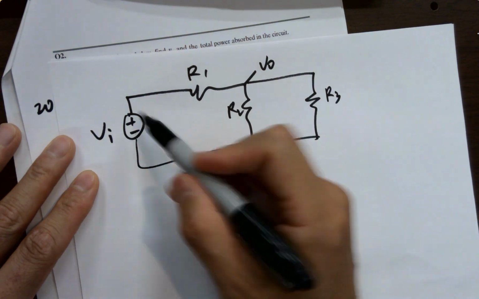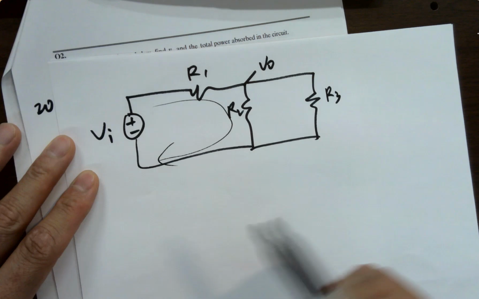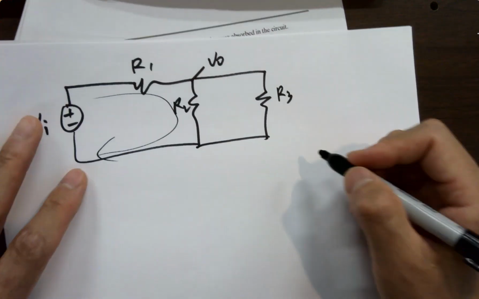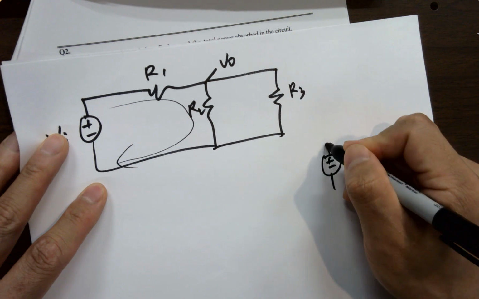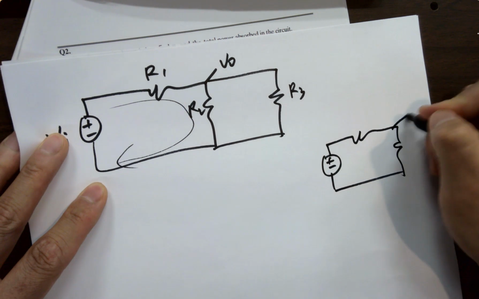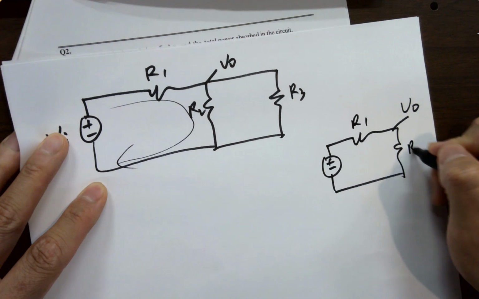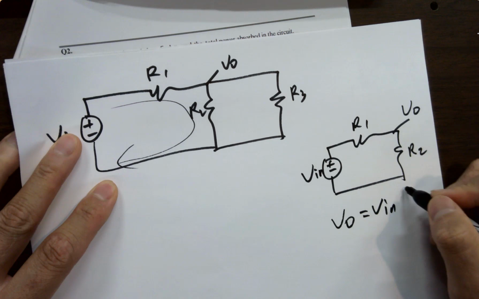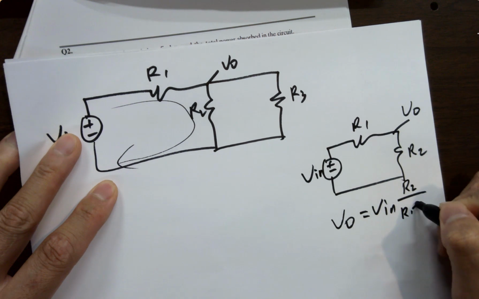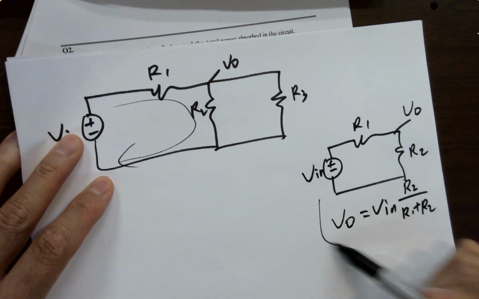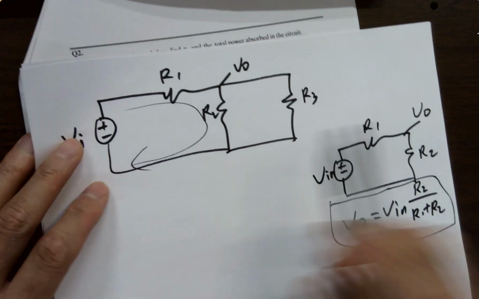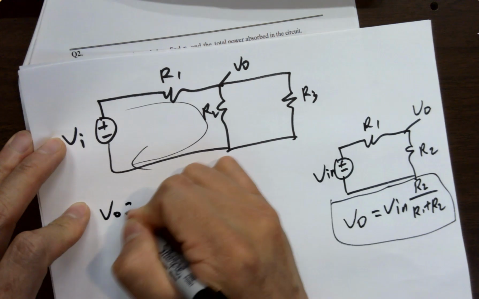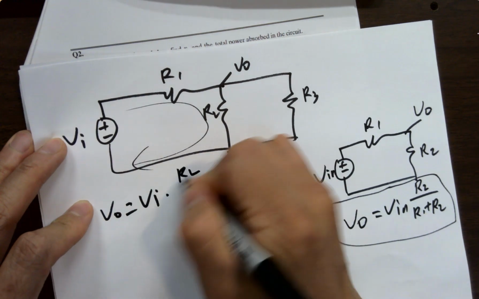Start thinking, just looking at this loop, this mesh here, VL. Usually you have 2 resistors in the circuit, V out, R1, R2, V in. So VL equals V in times R2 on the top over R1 plus R2. That's the voltage divider theory you have been using all the time. Now you see a similar structure here, so I got VL equals VI times R2 over R1 plus R2.